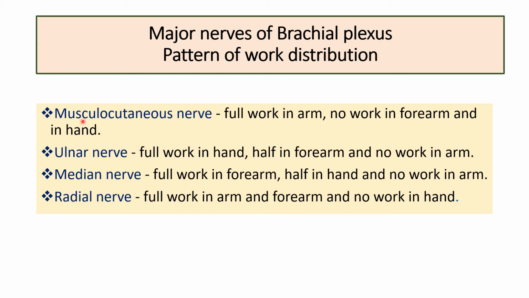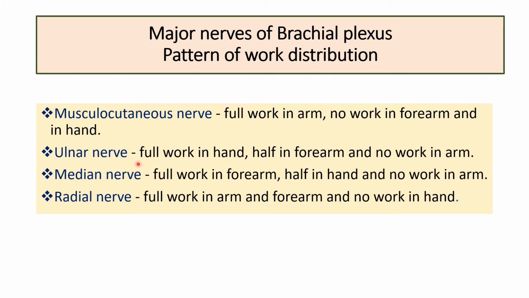Coming to the musculocutaneous nerve, it's having full work in arm, no work in forearm and hand. If you have already read about the course of the musculocutaneous nerve, this sentence will help you in remembering its distribution.